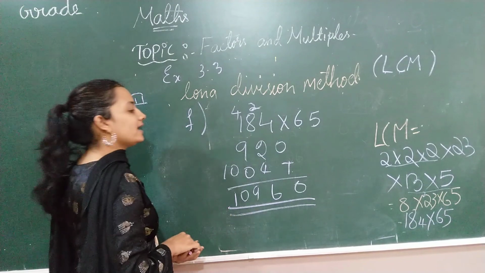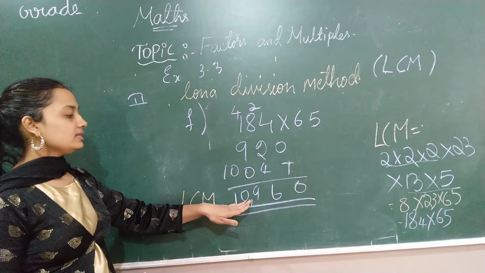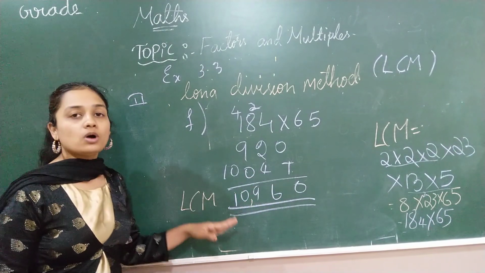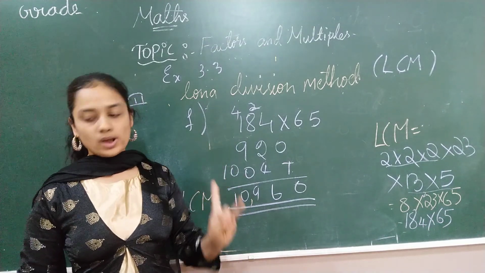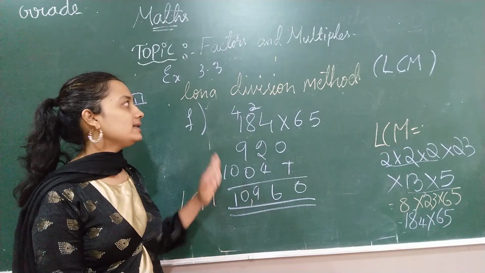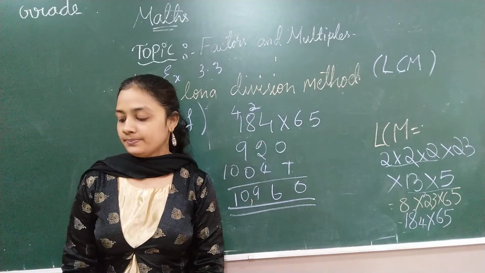I got my LCM. The LCM is 10,960. This is the LCM of what? This is the LCM of the three numbers 92, 104 and 130. So this is how you find LCM using the long division method.